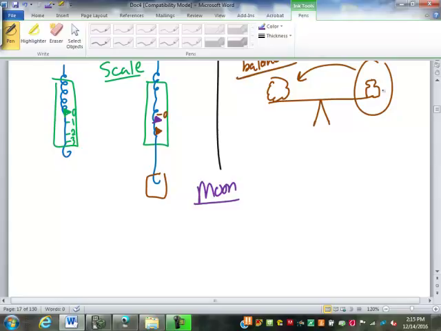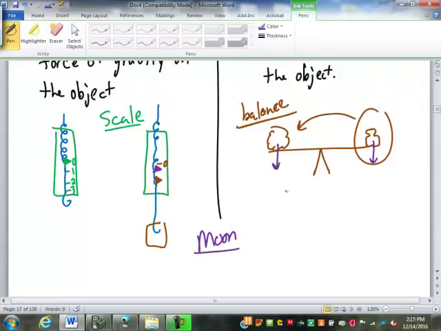However, on the moon for the balance, yeah, the gravity is less, so it's going to pull on the object we're measuring less, but it's also going to pull on the known mass with a smaller force. So the same mass is still going to balance our object. So the mass does not change. It is not dependent on gravity.